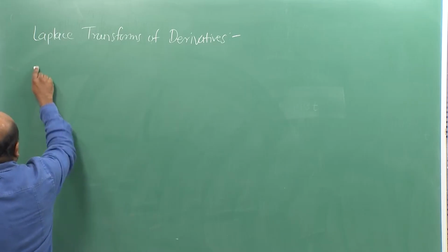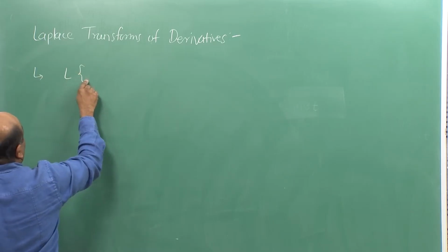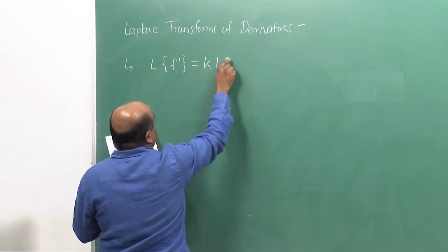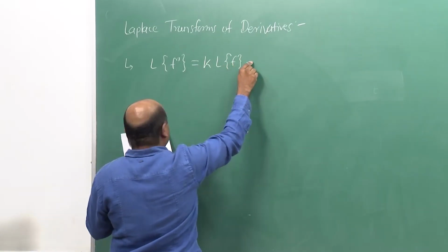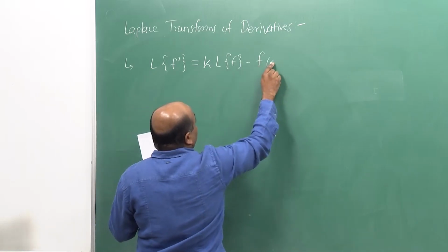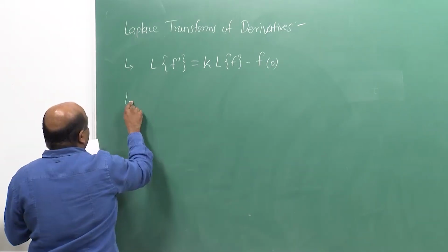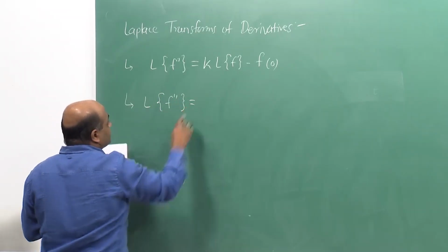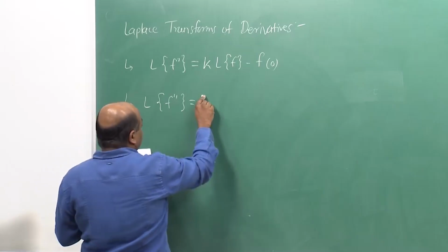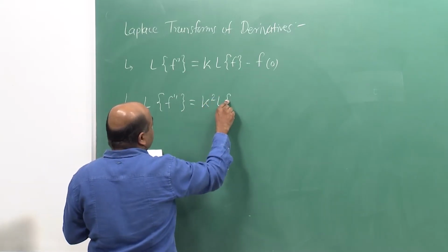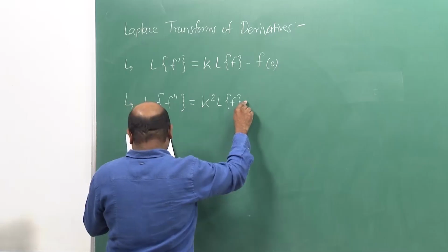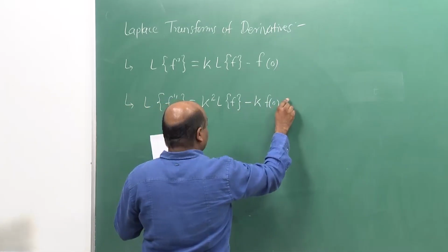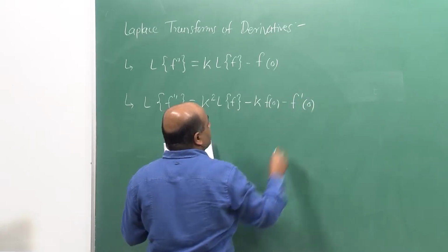So, there are two formulas. So, the Laplace transform of f prime will be k times the Laplace transform of f minus f of 0, and the Laplace transform of the second derivative of f, that is f double prime, is equal to k square times L of f minus k times f of 0 minus f prime 0.